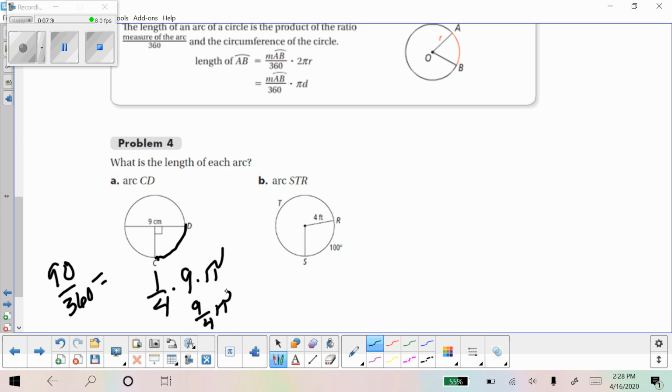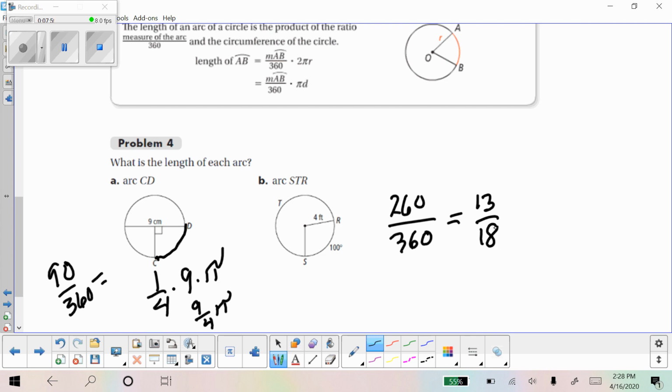On arc STR, remember STR is a major arc. So its measure is going to be 260 degrees. I got that by subtracting the 100 from 360. So 260 out of 360. I'm going to simplify that fraction. That equals 13/18 of the total distance around the circle.